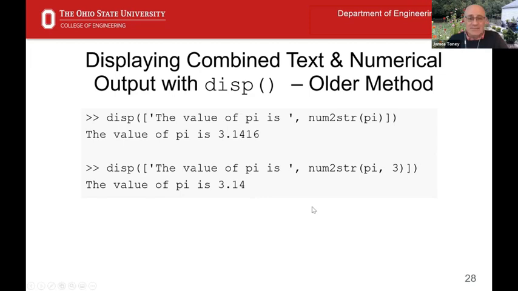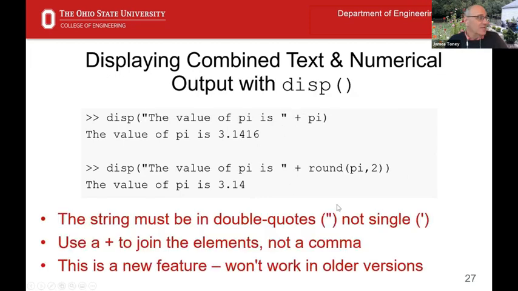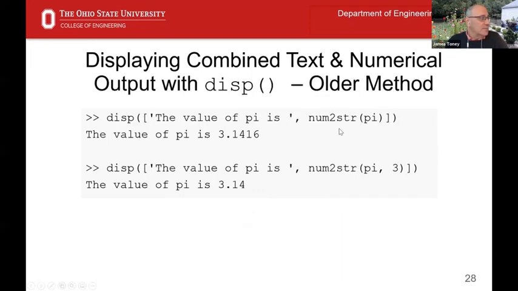But again, the syntax is finicky. If you do it this way, it has to be single quotes. If you do it this way, it's double quotes. And you'll understand that a little better in a couple of weeks when we talk about character arrays versus strings. Okay. Or again, if you're comfortable with fprintf, you can use that too.